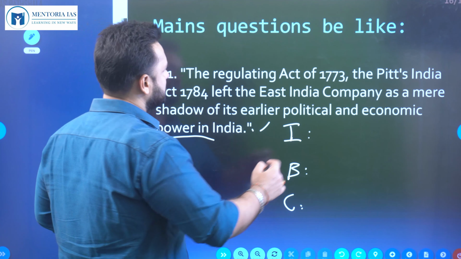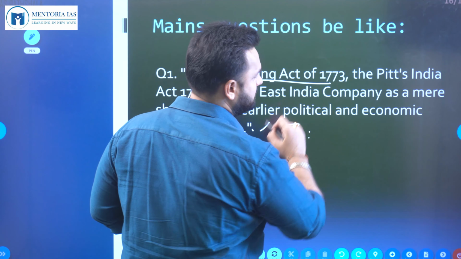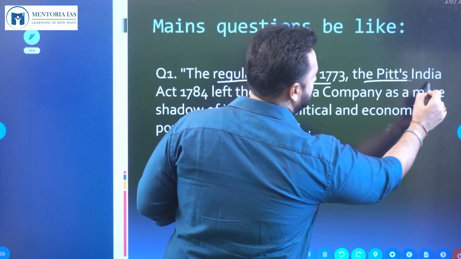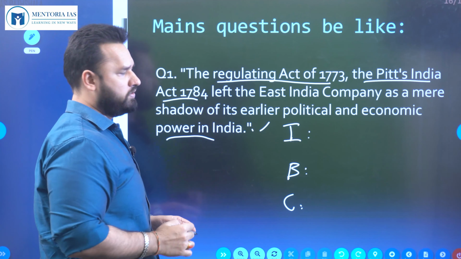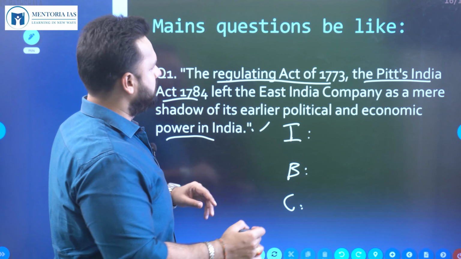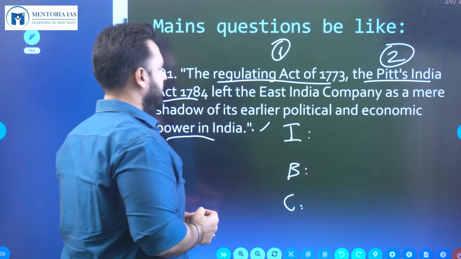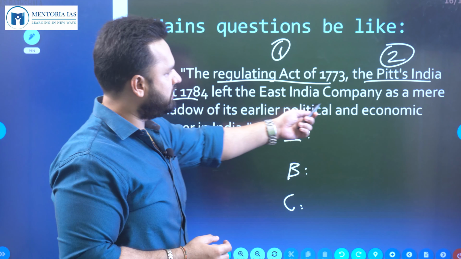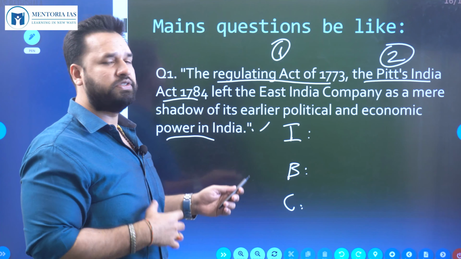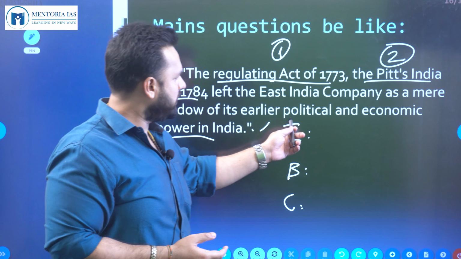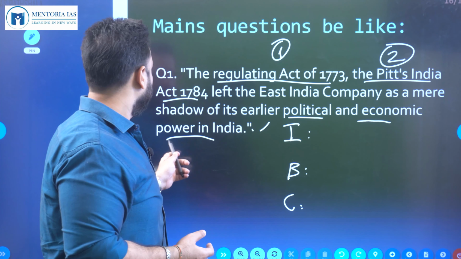Okay, let's understand the question. It is talking about the Regulating Act of 1773 and it's talking about the Pitt's India Act of 1784. Okay, there are two things, right? And it is saying these two acts left the East India Company as a mere shadow of what? Of its earlier political and economic power in India.